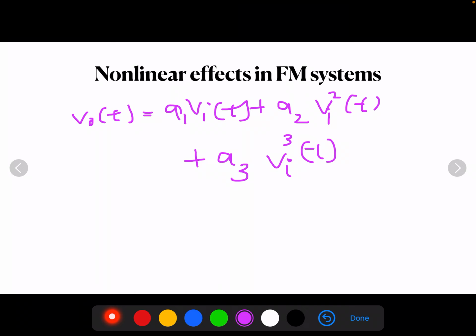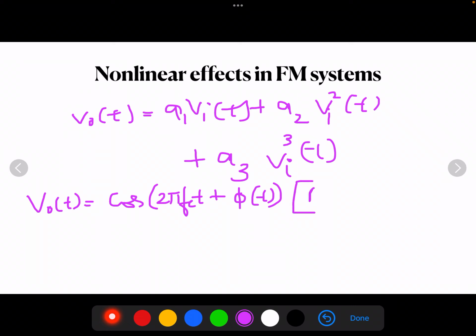So after a series of calculations, you will end up with an equation for the output voltage V of t equal to cos of 2 pi fct plus phi of t into A1 AC plus 3 A3 AC cube by 4.